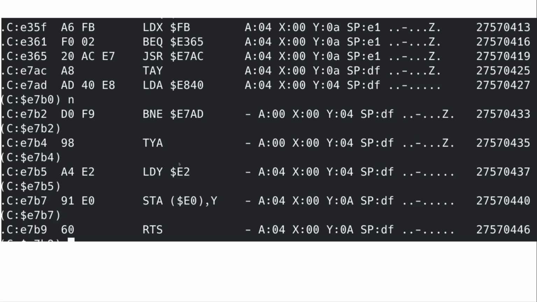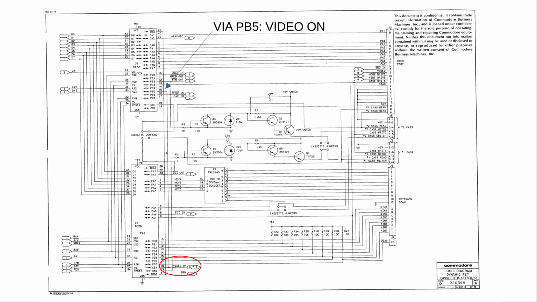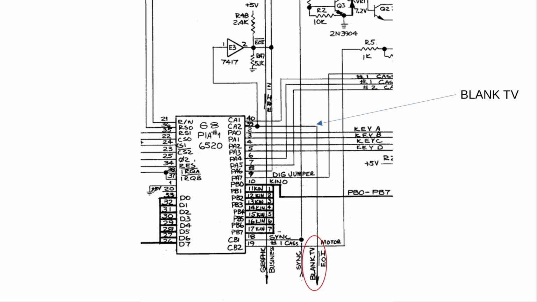Now, what about the blanking? This is a nice schematic because it's well ordered and well drawn, but it's the follow-up version. If you look at the original version of the schematic, we see this here.